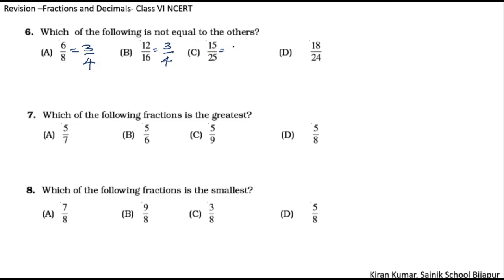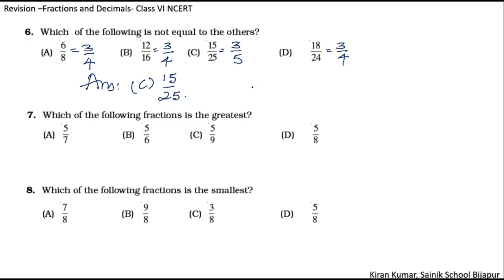This one I'll divide by 5, it becomes 3 by 5. This one I'll divide by 6, it becomes 3 by 4. If you look at options A, B and D, they are equal to 3 by 4. Only in option C we have 3 by 5. So this number is not equal to the others. Rest all are equivalent.